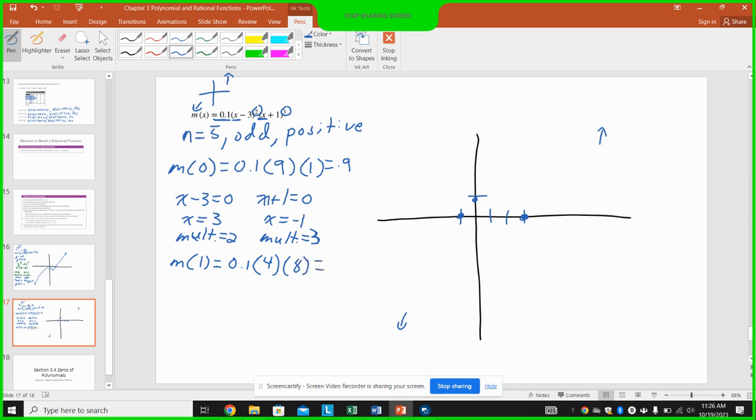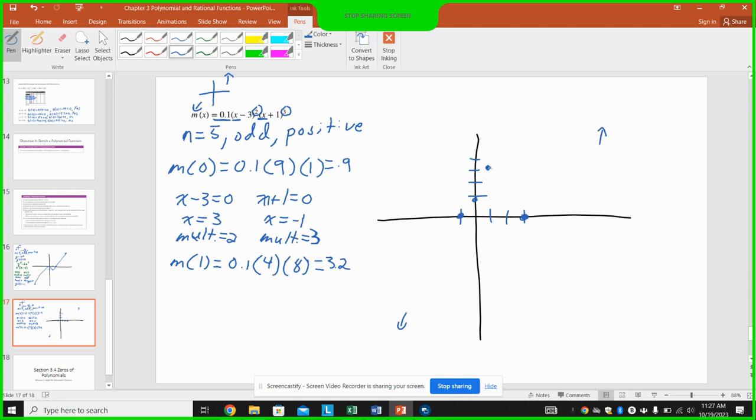I think it'll actually be easier to do 4 times 8 first, which is 32, and then 32 times 0.1, 3.2. All right, so that means at 1, I will go up to 3.2. So that's 2, 3, put a 4 there. So 3.2 is about right there, right? So that should be where my max happens.